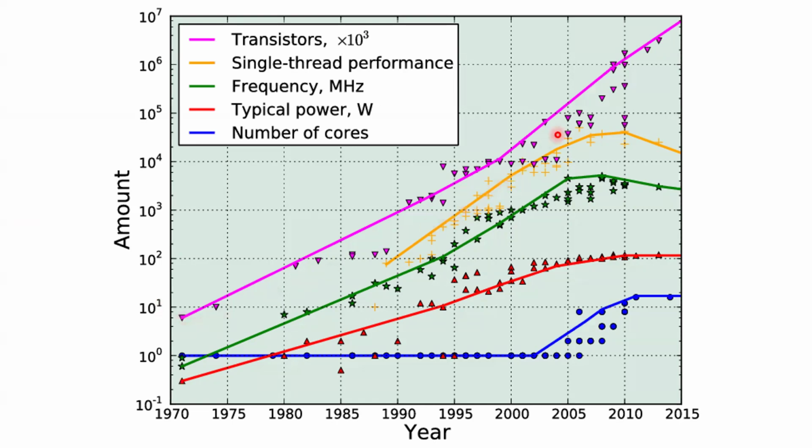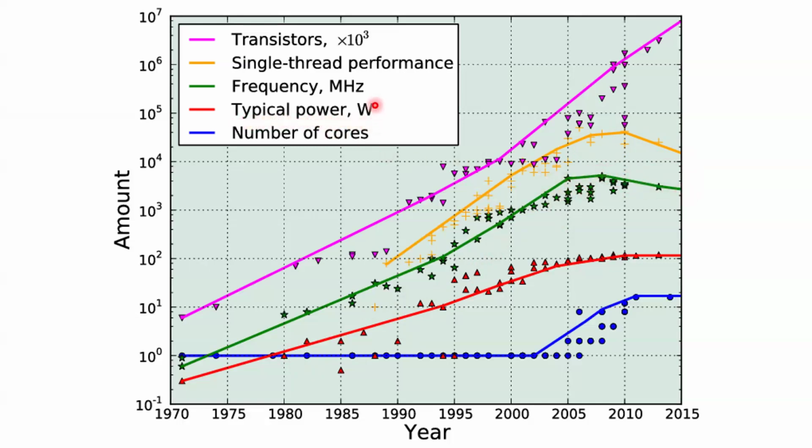This magenta line is the number of transistors on chip each year. By Moore's law, the number of transistors on chip grows each year, and this is true from this line. The single-threaded performance reaches a peak and then starts dropping. The clock frequency hits a threshold and starts dropping a bit.